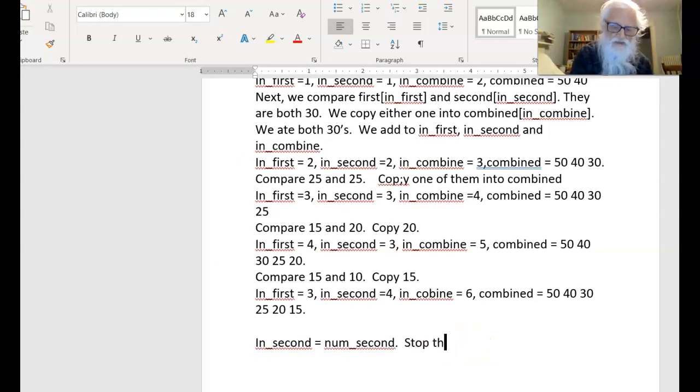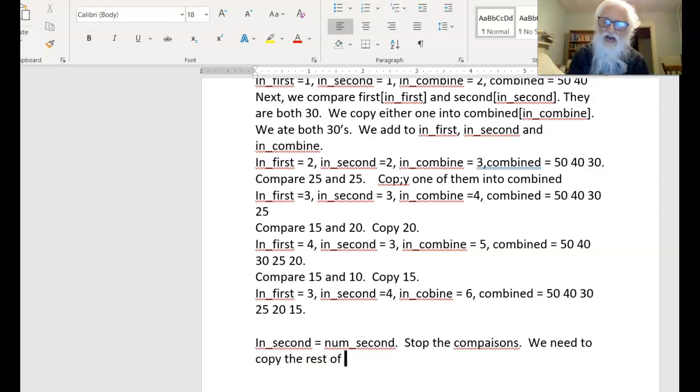Stop the comparisons. We need to copy the rest of first into combined.